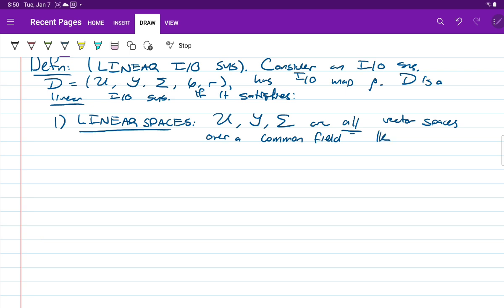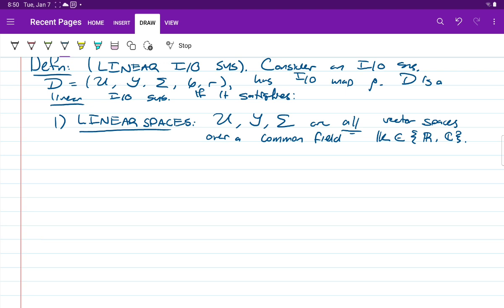Just to clarify what I mean by field, this is really just a fancy word in linear algebra for the set of scalars, okay? In this course, all that we'll consider are the fields R and C, right? So when we're talking about scalars in our vector space, they'll either be real numbers or complex numbers. Okay, so that's linear spaces.